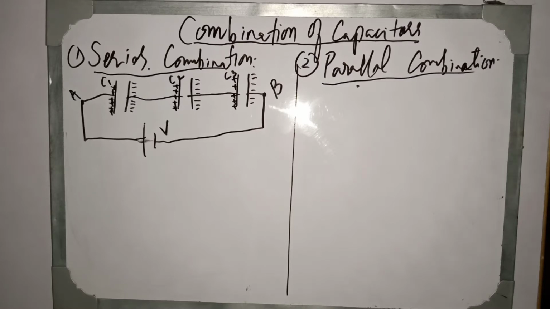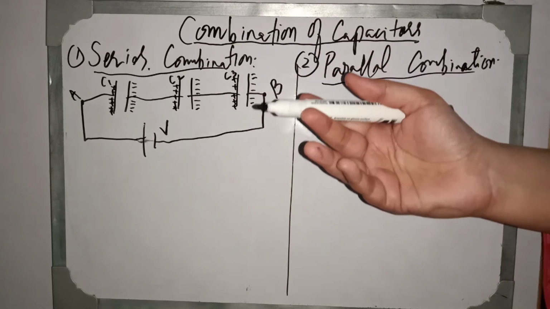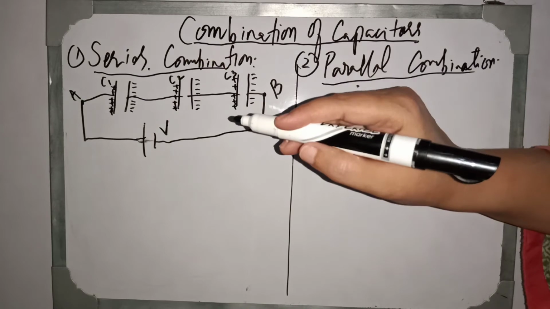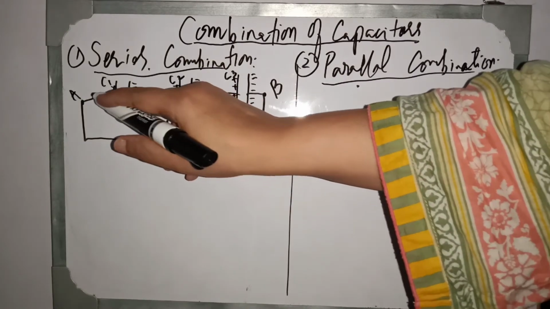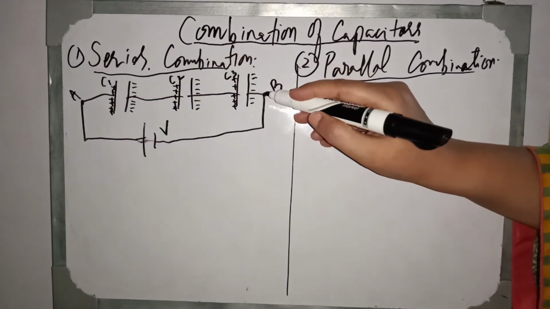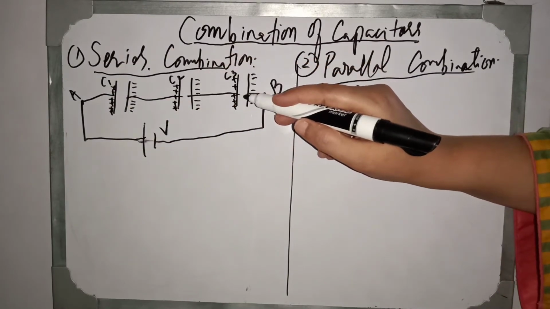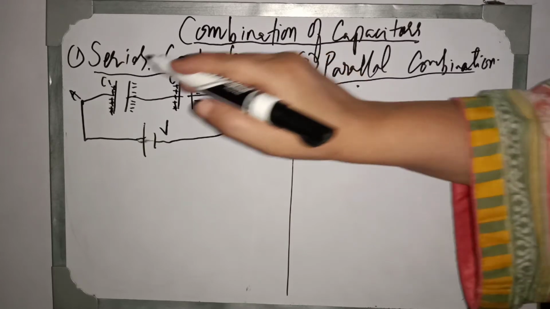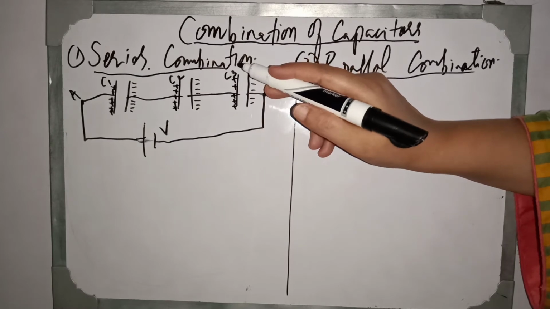Now on its terminology: what will be the charge distribution? What will be the potential difference distribution in this case? If a battery of voltage V is connected between the two points A and B, in which three capacitors are connected in series, then it supplies plus Q charge on one side and minus Q charge on the second side of all the plates.